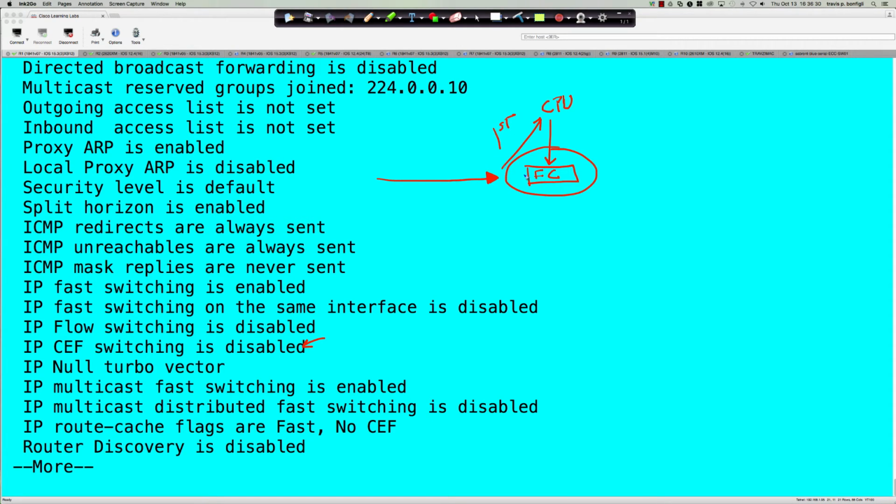After that, it's going to look into the fast cache and see, hey, did I cache an entry that I can use? If it did, great, we've got a cache hit. If it's not there, we have a cache miss, and then we just do this again. Wash, rinse, repeat. And then that packet gets forwarded out the egress interface. Okay? Because IP fast switching is now what we are using.